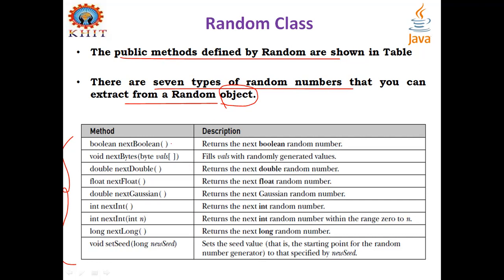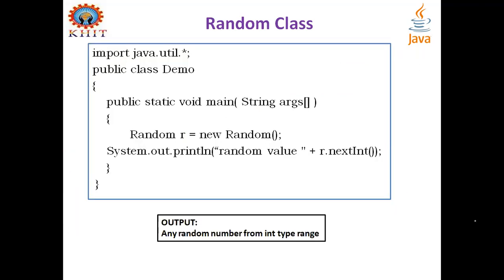Maybe Boolean values, next byte values, double, float, Gaussian, integer, nextInt, and nextLong. So these are the different types of random numbers that can be generated or extracted from a Random object of the Random class.